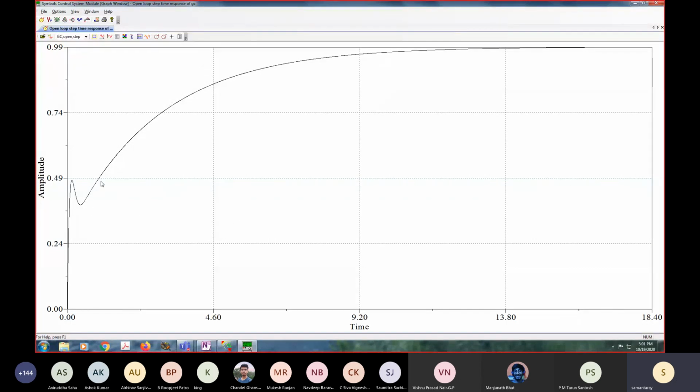Now because of the I gain, it slowly goes and reaches 0.99 because some residual error remains. As long as that error remains, some integration of it will come, and we are providing an input based on that error integral. So if you give more Ki, it will reach quickly. If you give more Kp, it will overshoot. So you can tune these parameters.